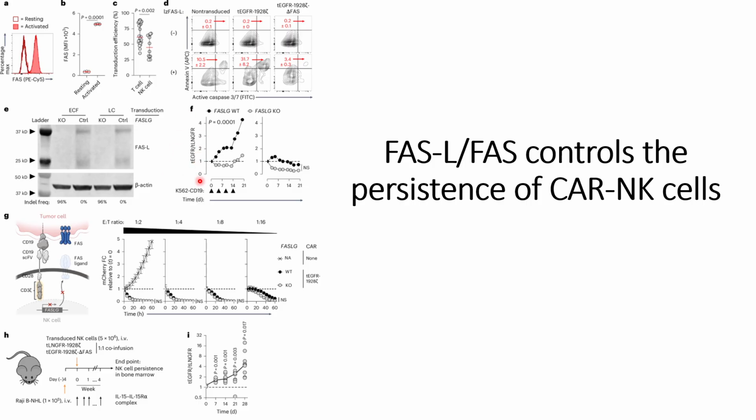This indicates that in the case of knockout, the TEGFR signal does not get activated because of the disruption in the FASL signaling. But when the cells are not activated, they do not see any significant changes in both cases.